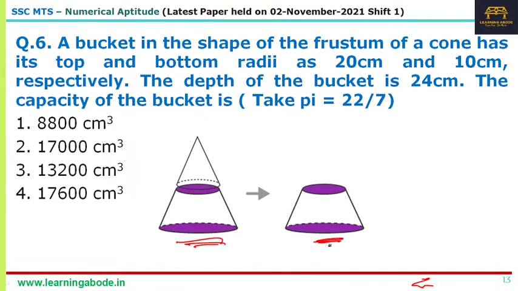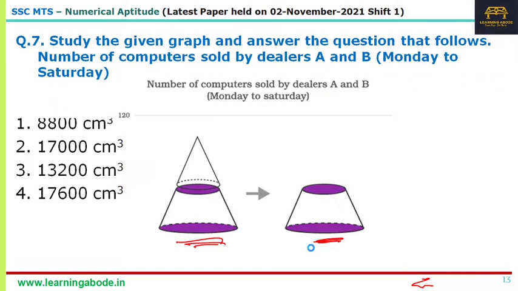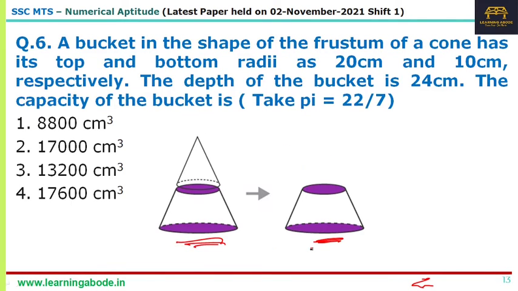Now there is a formula to calculate the volume of the frustum of the cone. The formula is 1 by 3 pi, where pi you are asked to take as 22 by 7. 1 by 3 pi into the height h, whatever is the height given, into r square plus r into r1 plus r1 square, where r and r1 are the two radii that are given.